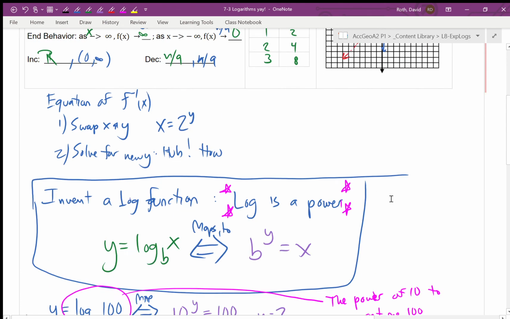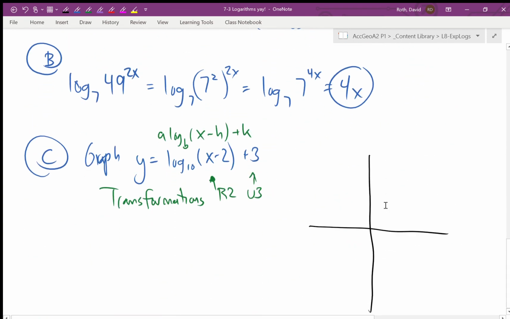All right, let's draw that. I would do it in blue, but I'll do it in red. So my parent log function looked kind of like that, right? And then if I take this thing, and if I move it right 2, won't I have an asymptote?